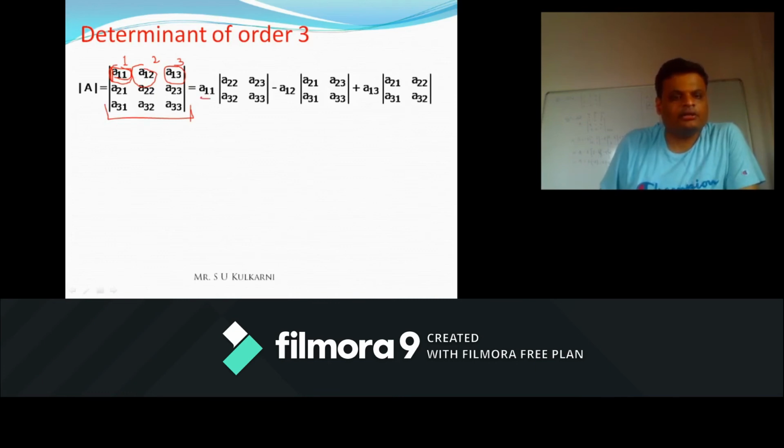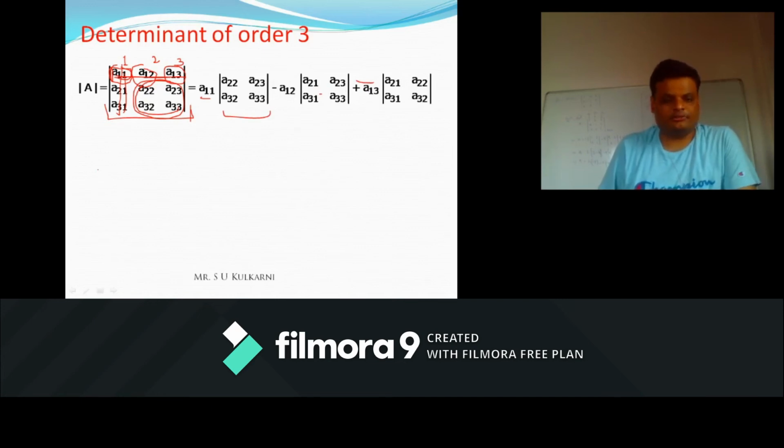Now delete the row and column in which A11 belongs. So here I delete this row and this column. What is remaining is a determinant of order 2 by 2. Here you can see it is A22, A23, A32, A33. So I write this determinant as it is.